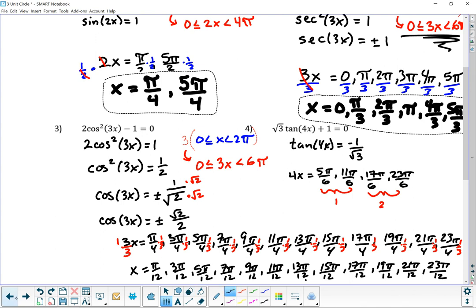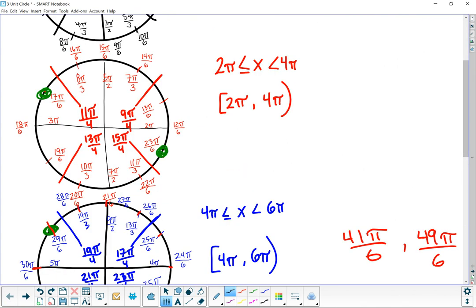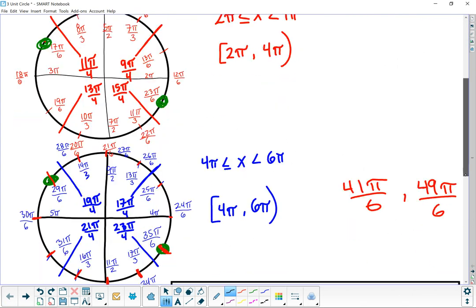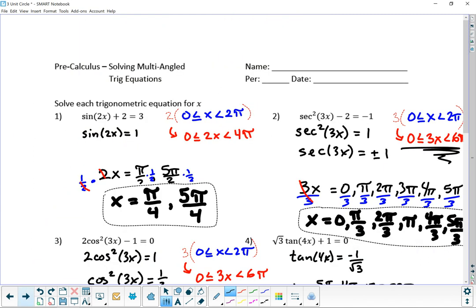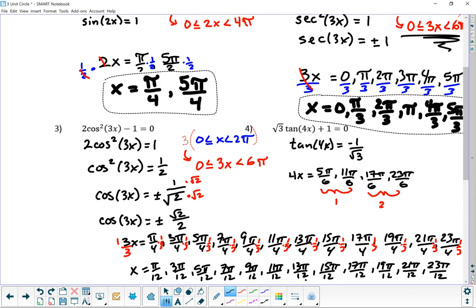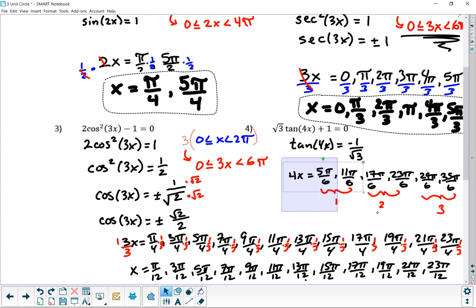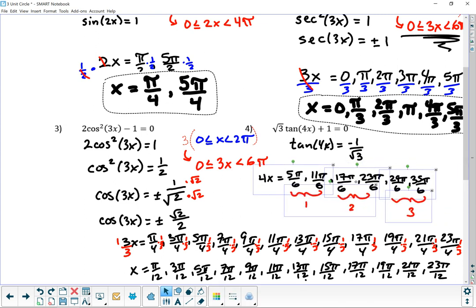Next, 29 pi over 6, 35 pi over 6. That's round three. And we need one more because we have to do 4 rounds of it.